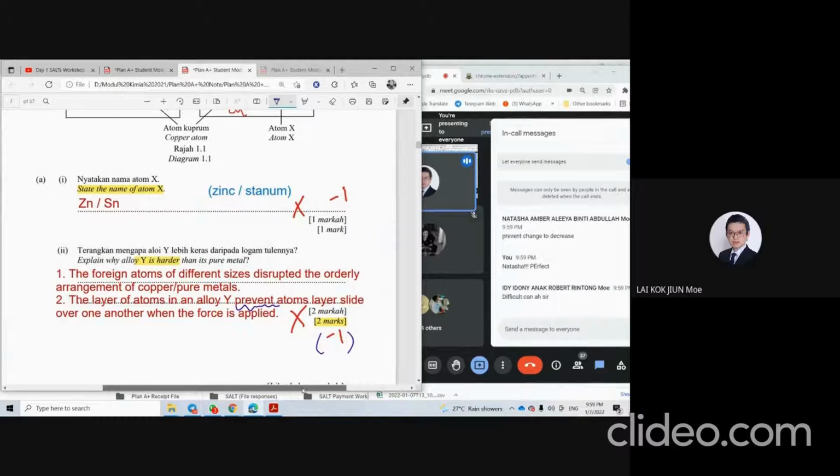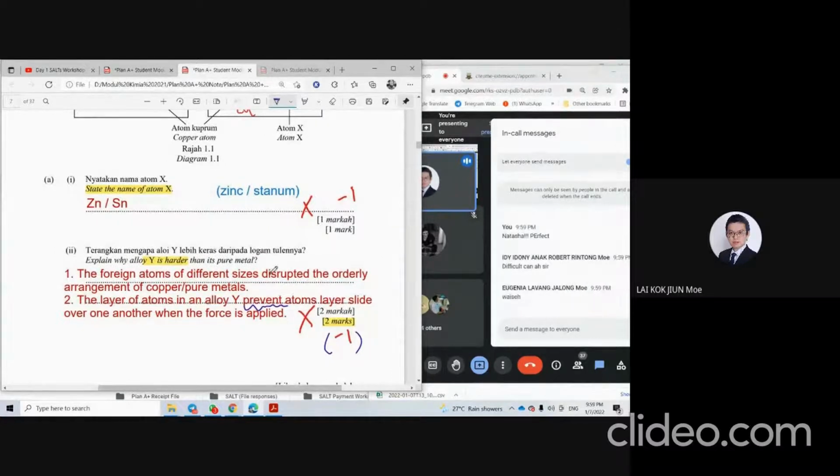No, nothing can 100% prevent. Prevent means it will never happen. Cannot. It can prevent atom layer. You change to reduce. Okay. Or you can say prevent atom layer slide over one another easily. You add the word easily. Prevent the slide easily. Like this.